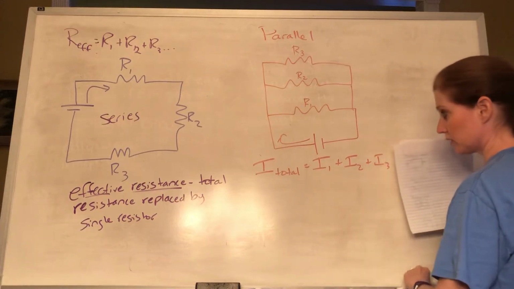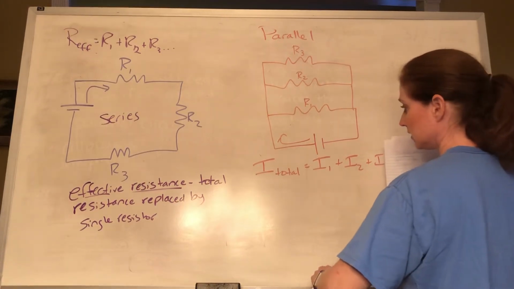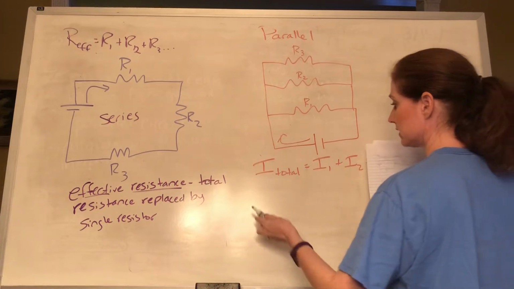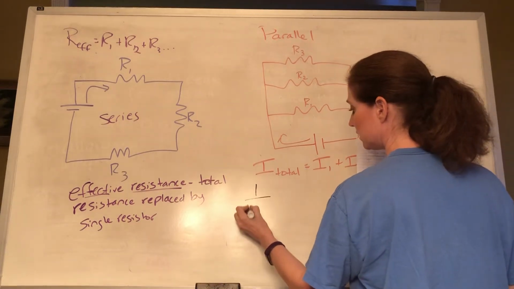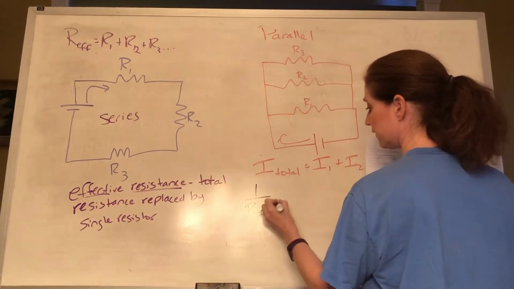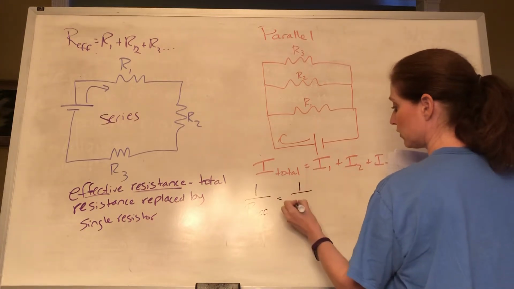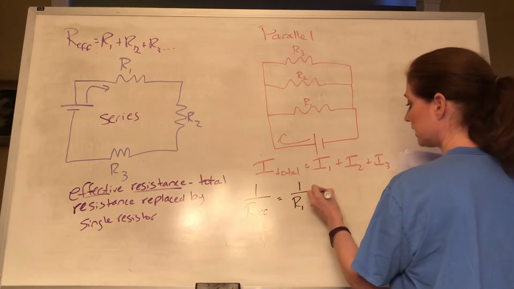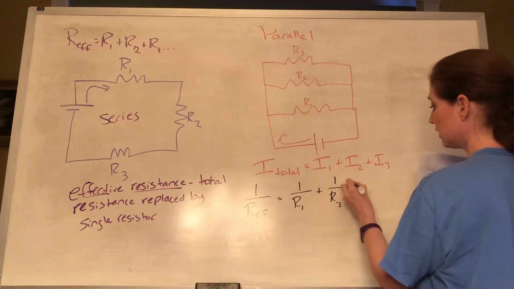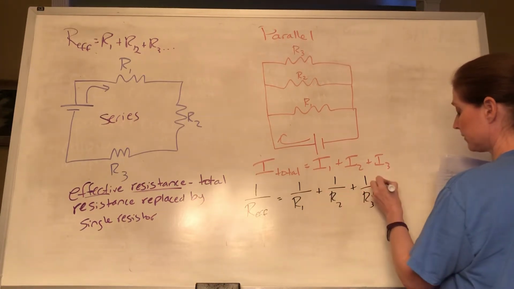But if we're going to do the effective resistance, it is 1 over R effective equals 1 over R1 plus 1 over R2 plus 1 over R3.